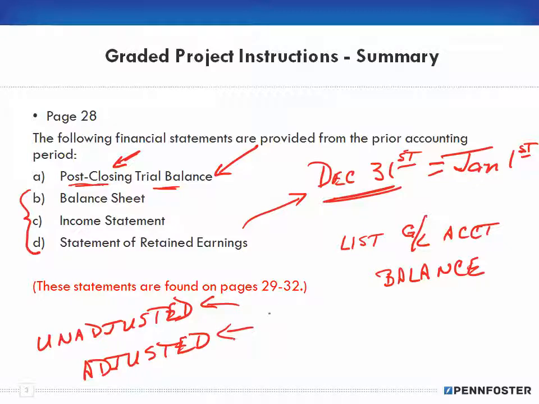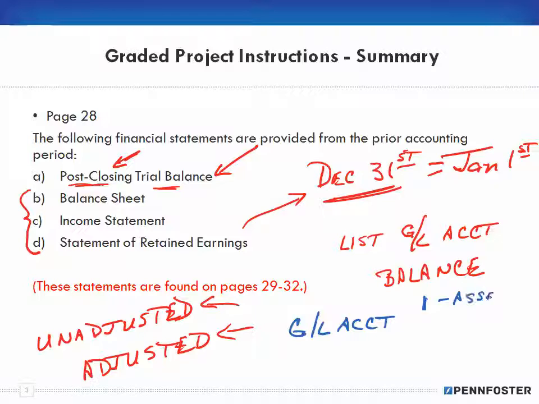Okay, and one last thing before I end this video is that you'll notice on the post-closing trial balance that your general ledger accounts do not have numbers. Okay, you need to assign those accounts numbers. Right? So all of your asset accounts should begin with a number 1.